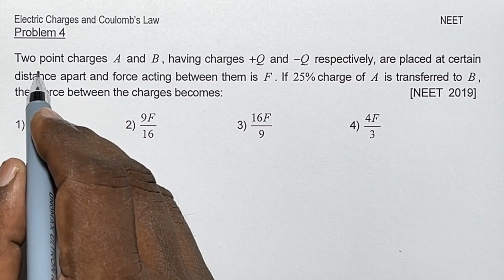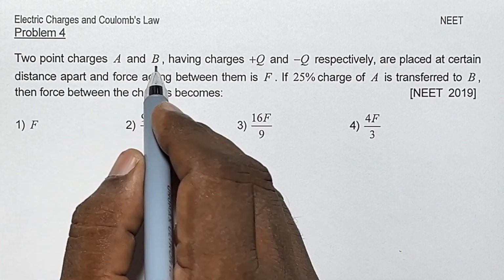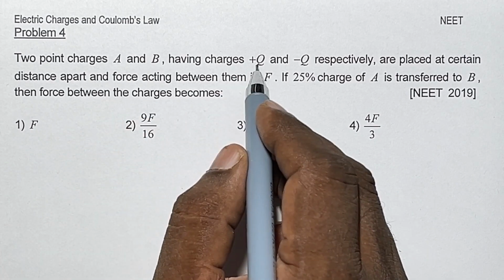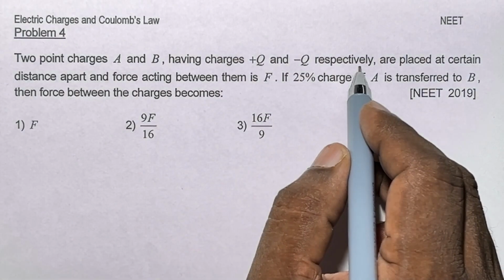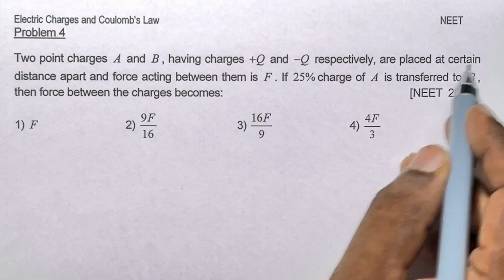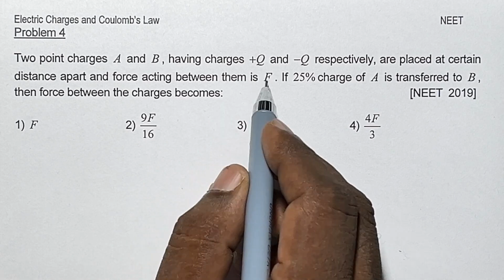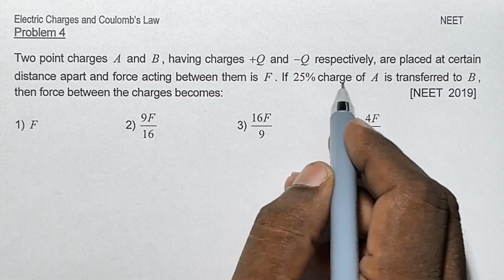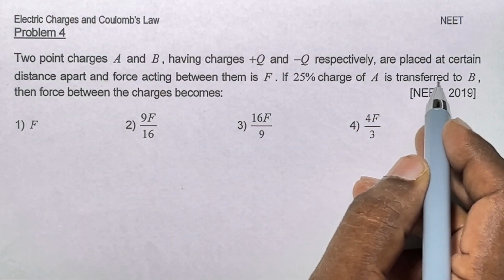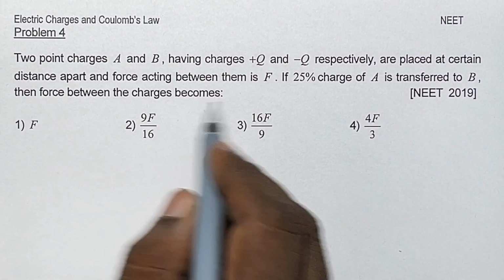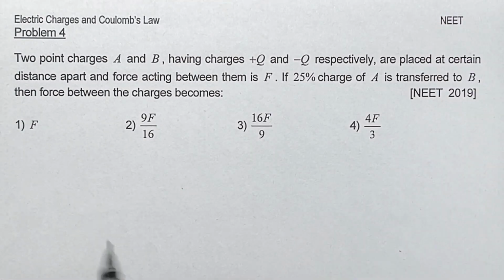In this problem, 2-point charges A and B having charges plus Q and minus Q respectively are placed at certain distance apart and force acting between them is F. If 25% charge of A is transferred to B, then force between the charges becomes?